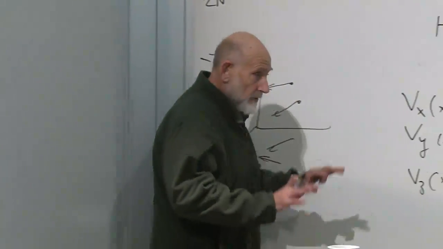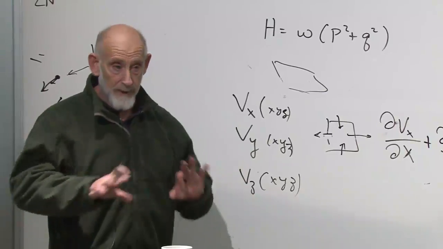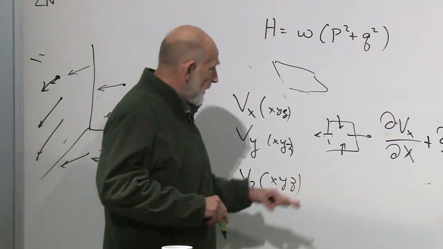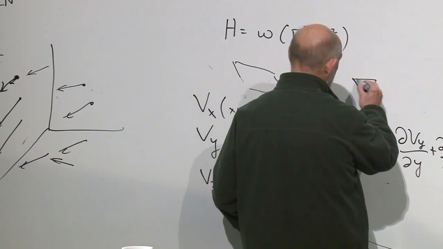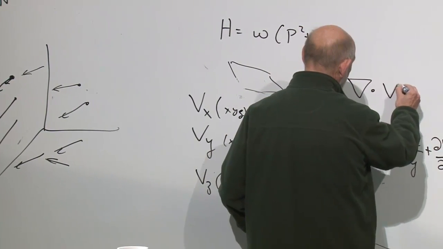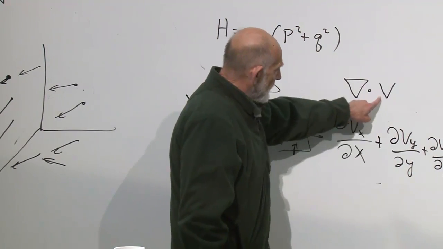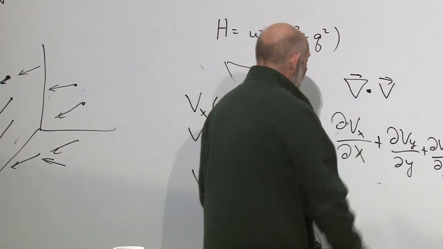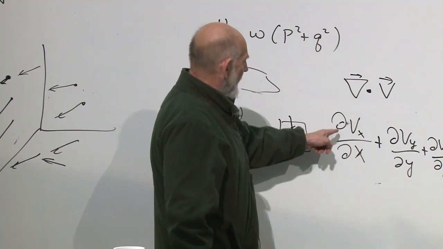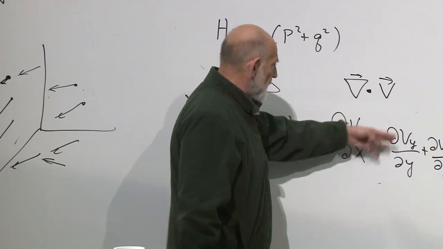The divergence, and it's a sort of measure of how the vector field is spreading out at any point. The symbol for it is del dot v. The del stands for the derivatives, the v stands for the vector field, and it looks like a dot product between a del symbol and the v symbol, but it doesn't matter.